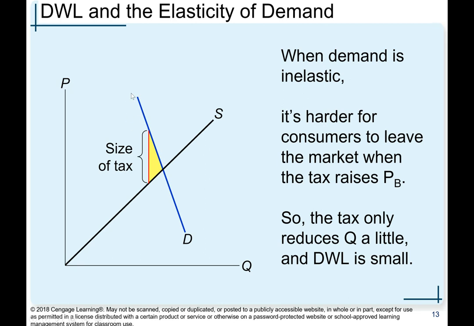In other words, buyers, the demand side, don't have much of a choice. When you increase tax on them, they're still going to pay it. So the deadweight loss is fairly small. The tax only reduces output a little bit, and therefore the deadweight loss is small.